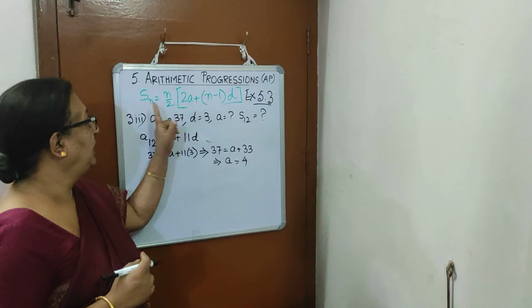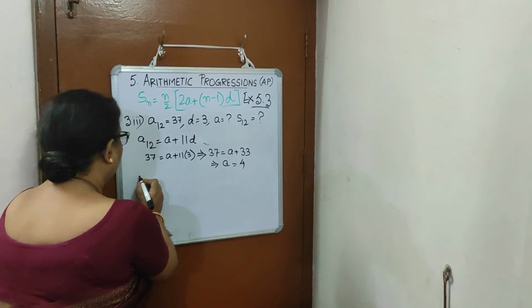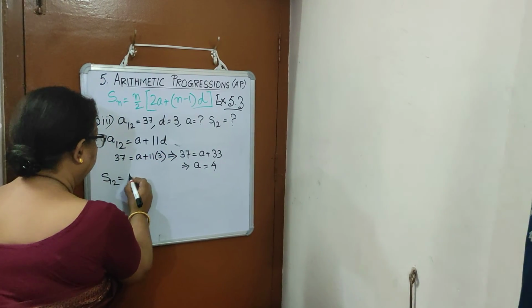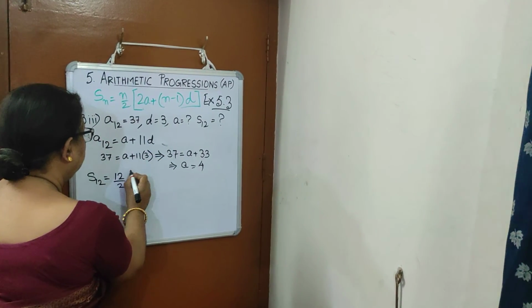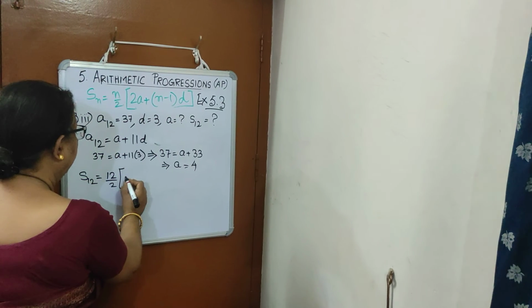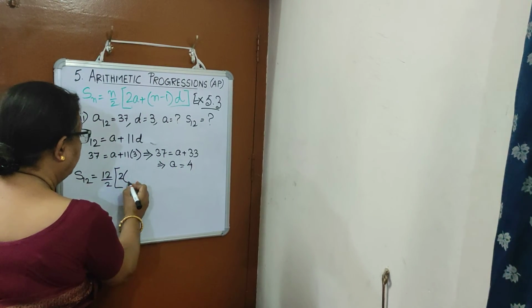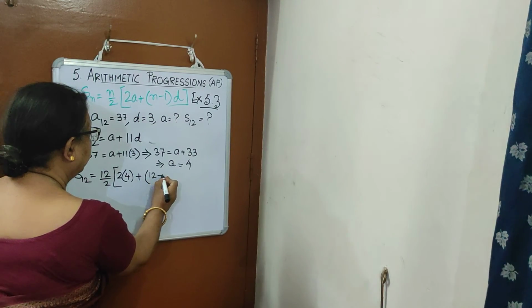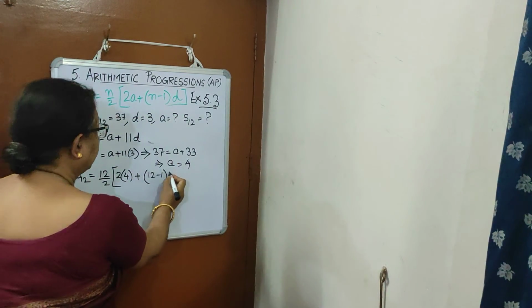Now it's very easy to find out S12. We have the formula, so just substitute. S12, so n is 12. 2a, a we just found out, plus n minus 1 d, what is d? Given 3.